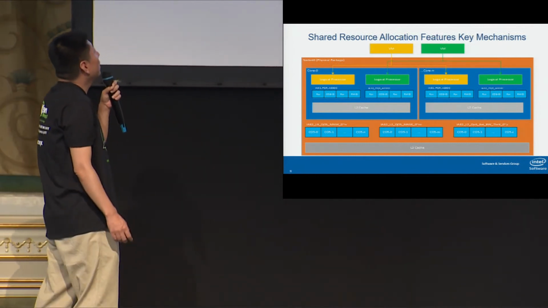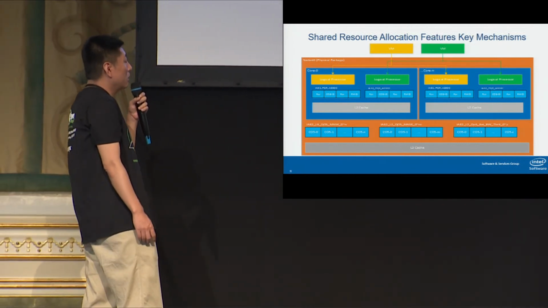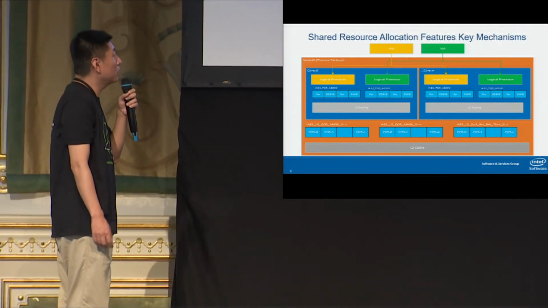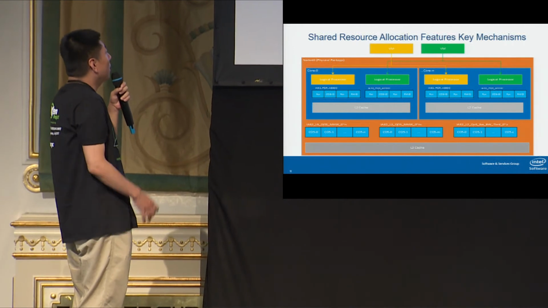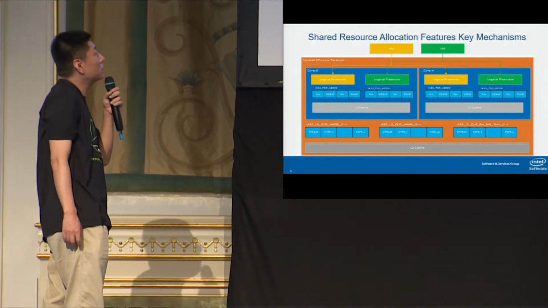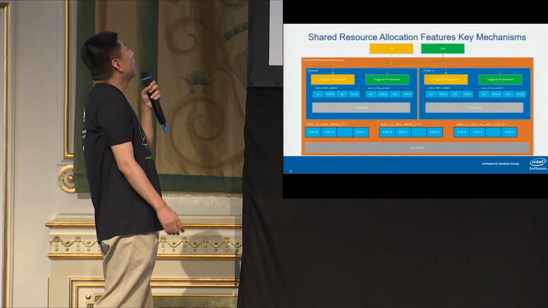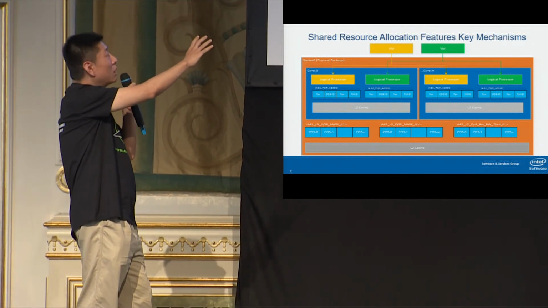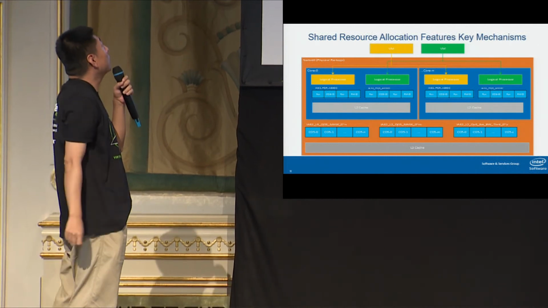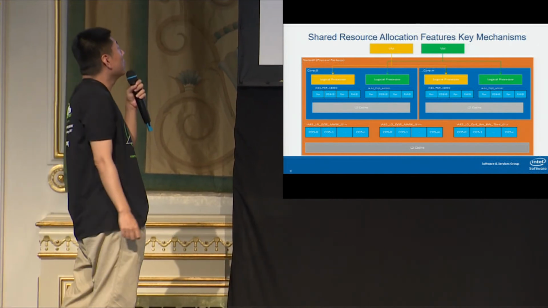Each time an application or a VM is scheduled in, it will be assigned a Class ID by the hypervisor or by the operating system, and the PQR association MSR will be updated with the corresponding Class ID.